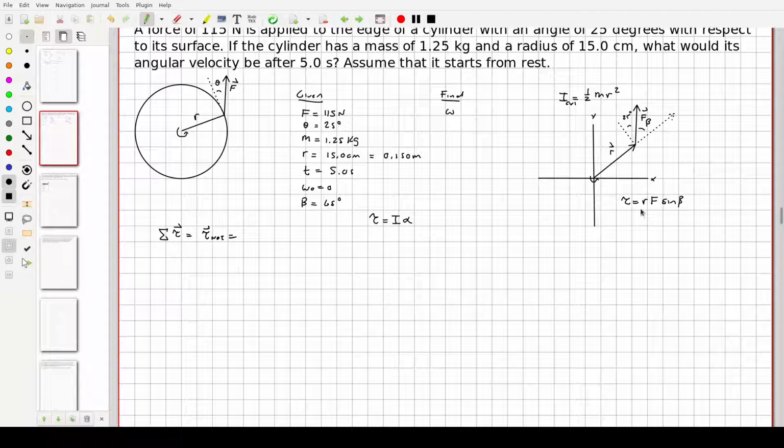We only have one, and that's this one right here, which is positive because it's going counterclockwise. So our torque here is going to be, I'll call it just tau, and we know it's R times F times sine of beta. This we know we can write as I times alpha.